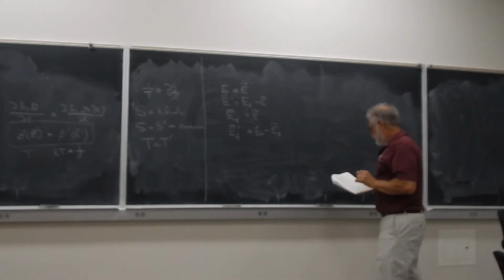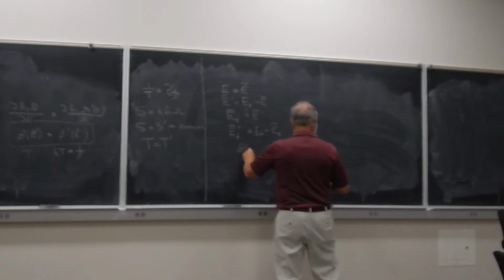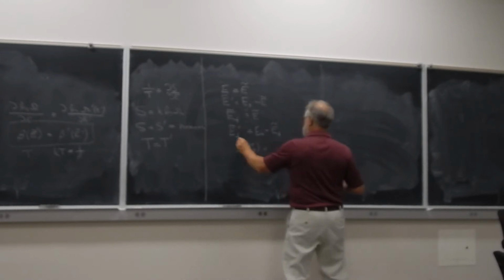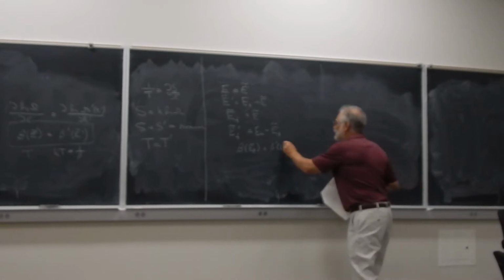So this sort of all fits together. Or if we like to say this, we're going to say that beta as a function of the final energy for system A is going to be equal to beta prime of the final energy for system A prime.